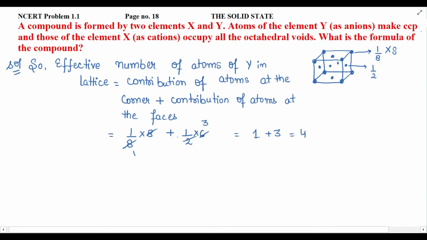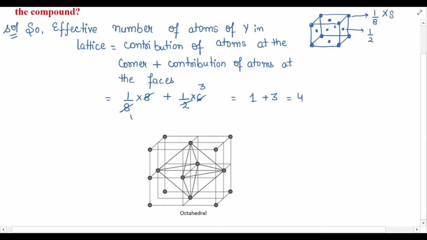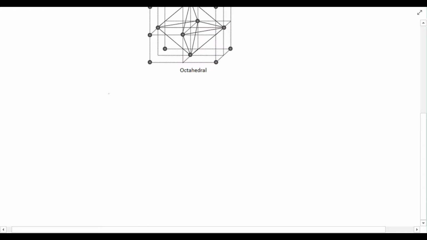So now the next step is we have to find the octahedral voids, right? So if we'll see the diagram here, these 6 atoms when joined with each other, they'll form an empty space between them. Okay, so this empty space is known as octahedral void, right? So how many octahedral voids are there in a crystal lattice? That will be found by the formula.